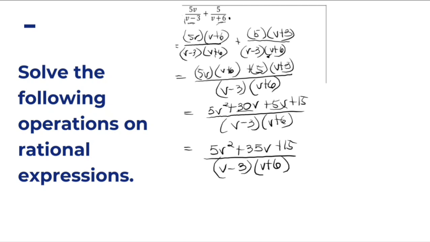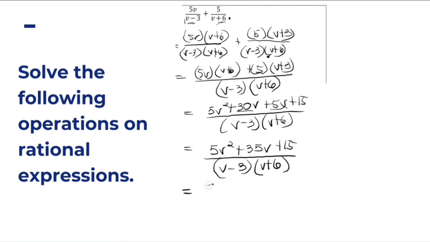Now, can we still simplify this? Again, just check if you can cancel out any common factors. For the numerator, it can be factored using a common monomial factor, which is 5.